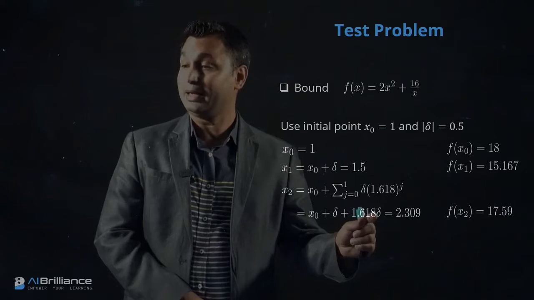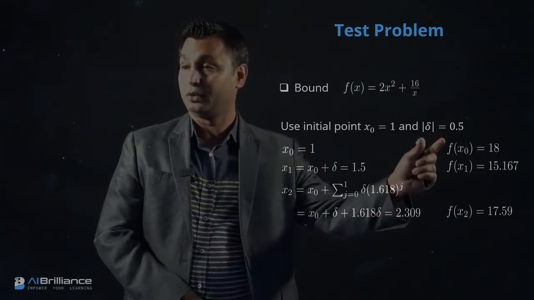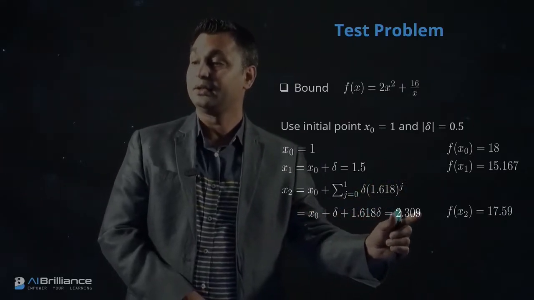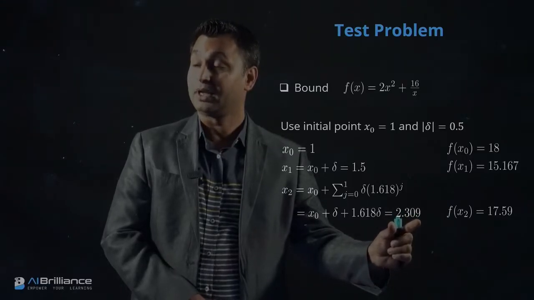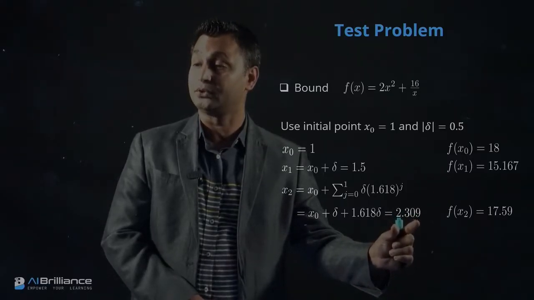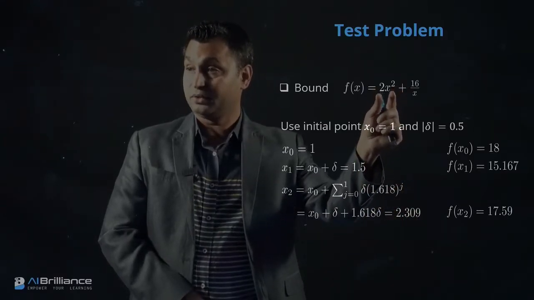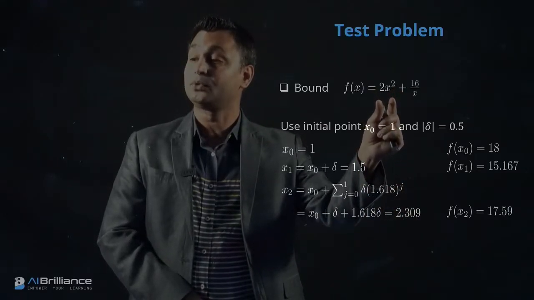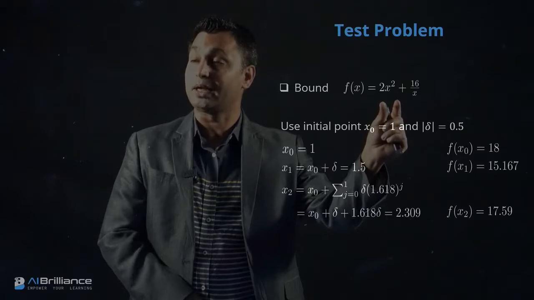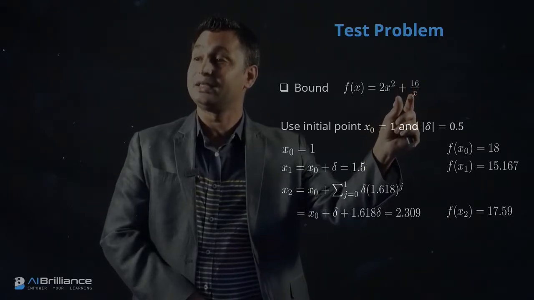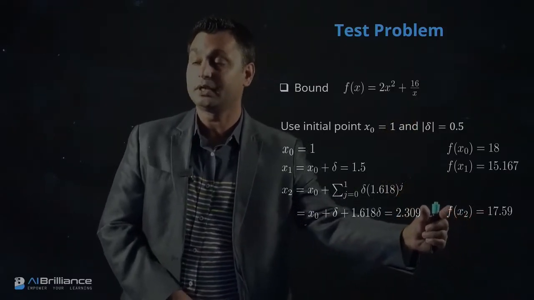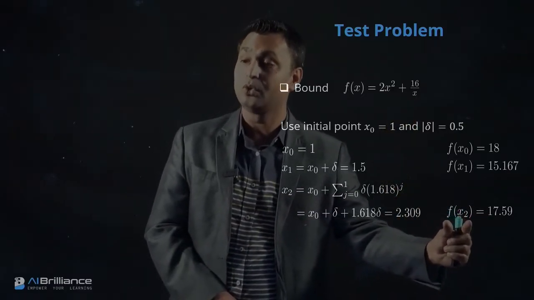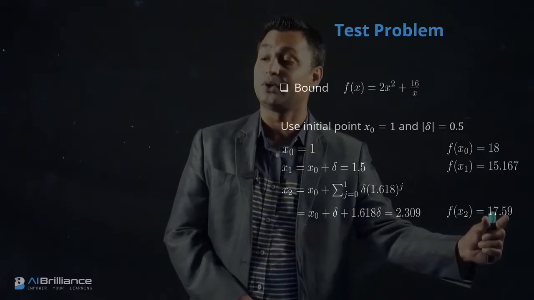So if you add the delta value of 0.5 and simplify that, then the x2 location will be 2.309. Now we will substitute this 2.309 in this function. So this will become 2 times 2.309 squared plus 16 divided by 2.309, and that's how we get the function value at x2, which comes out to be 17.59.